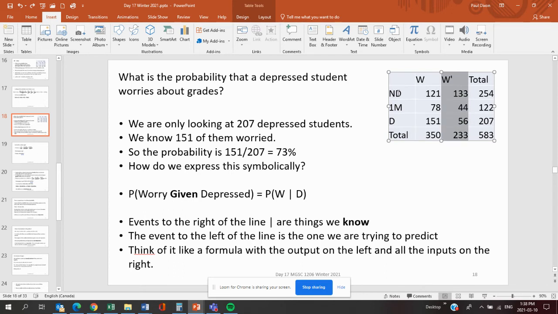Or if you're never depressed, then you can't be depressed. It's one or the other, or you could be this third choice. So rows in a table should be mutually exclusive. Columns in a table should be mutually exclusive. And watch it. Sometimes we have trouble with that.